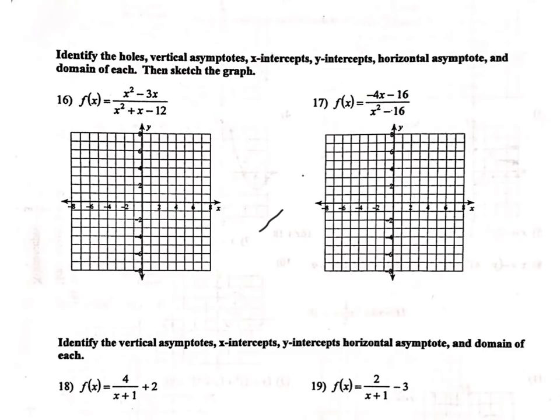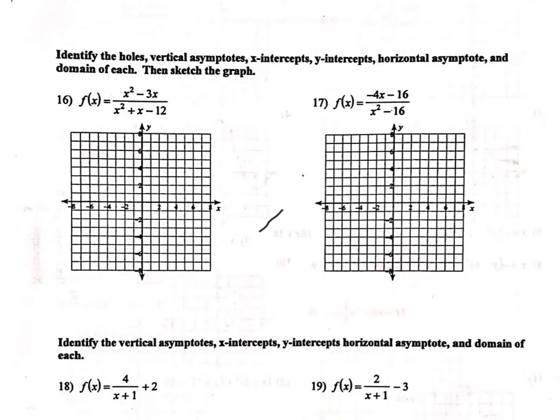In the next section, we're going to work with rational functions and graphs. And so we are actually going to do both problems 16 and 17. What we have to do for this section is identify the holes, vertical asymptotes, x-intercepts, y-intercepts, horizontal asymptote, and domain of each.